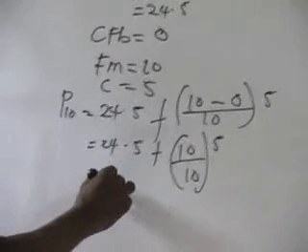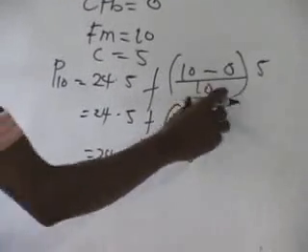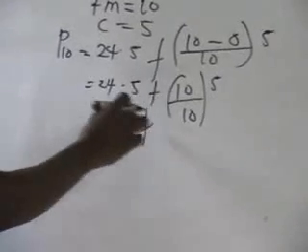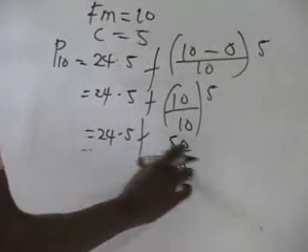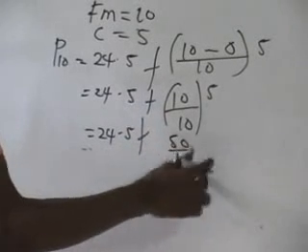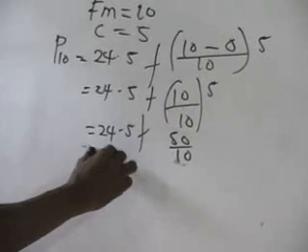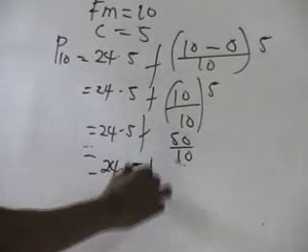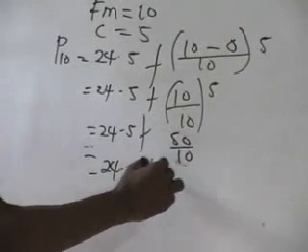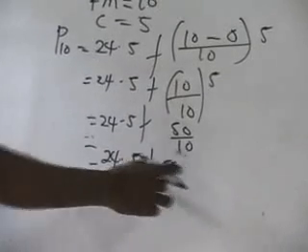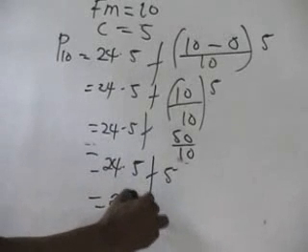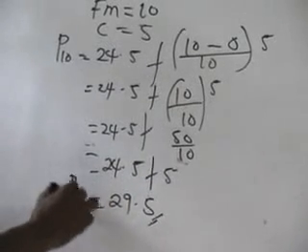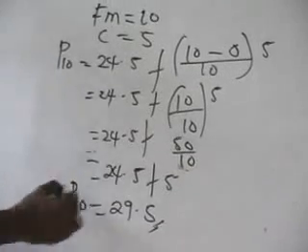So 10 times 5 equals 50, 50 divided by 10 is 5. So 24.5 plus 5 equals 29.5. Are we together? So that's the 10th percentile. That's how we work it out.